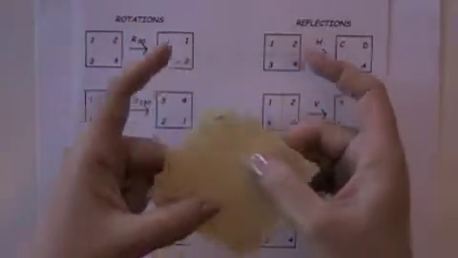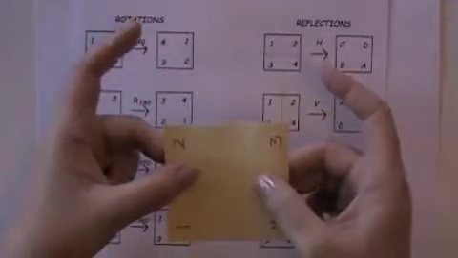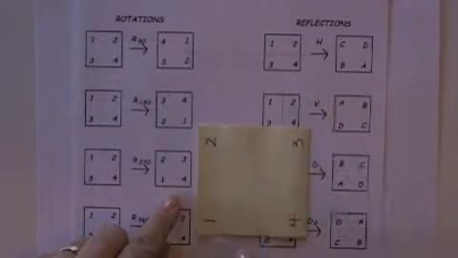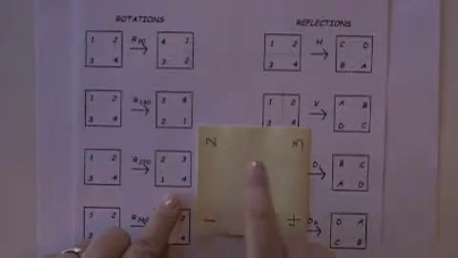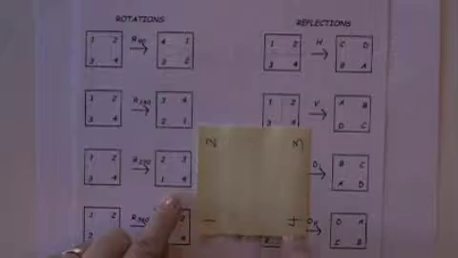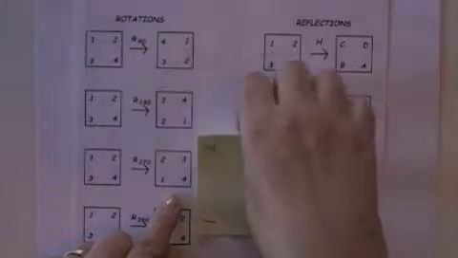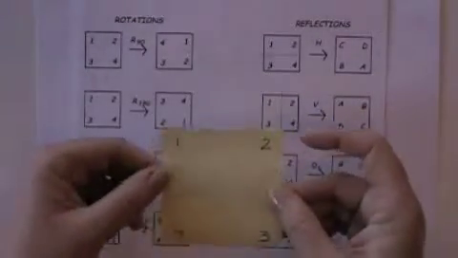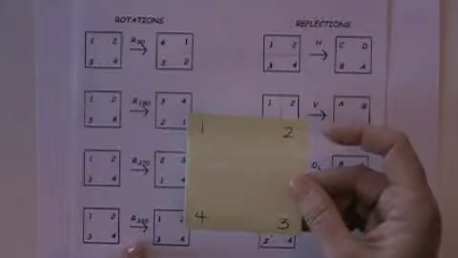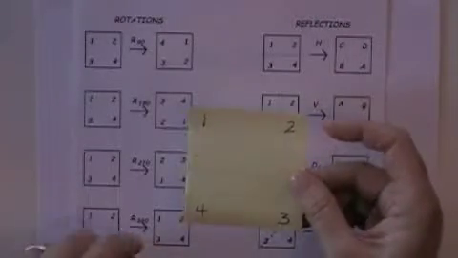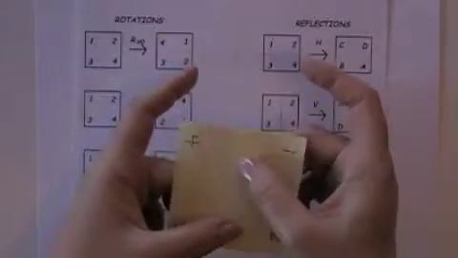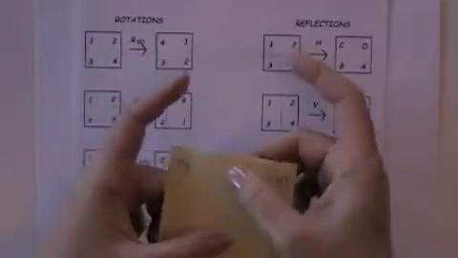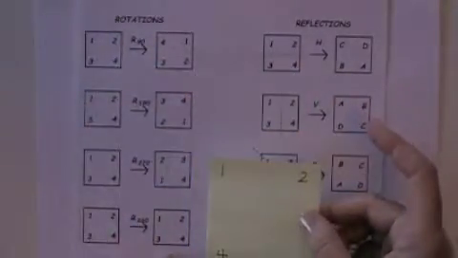There's 90, there's the 180, there's 270. Notice how my Post-it note, the 2 and the 3 are on the top, the 1 and the 4 in the bottom corners. And then lastly, we're going to start from our starting position and rotate the Post-it note 360 degrees. 90, 180, 270, 360, and you get right back to where you started.